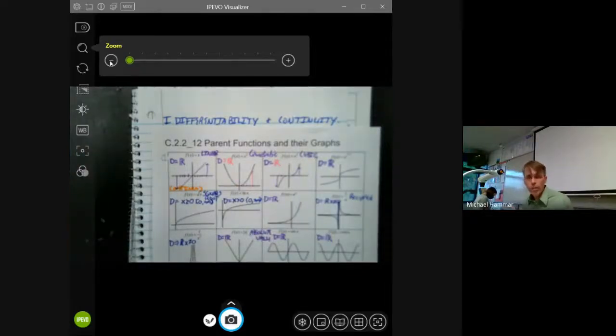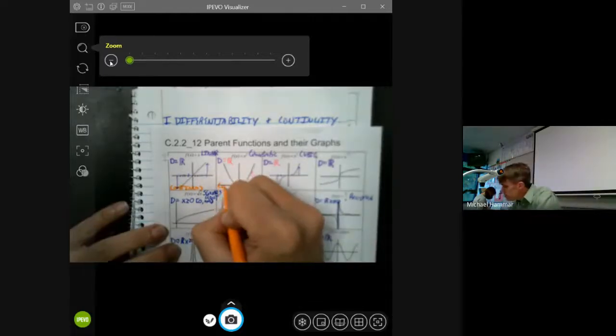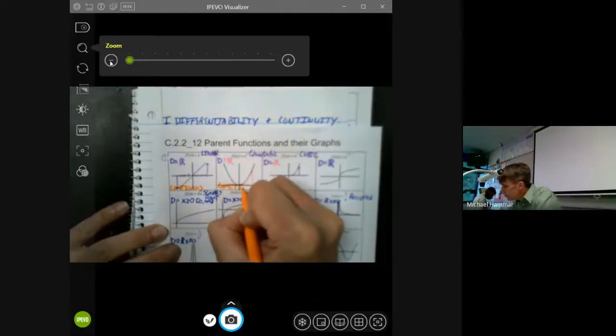What would you say about the quadratic? Well, its domain is all reals. So looking at all reals, is there any spot where the quadratic function has a gap, a hole of some sort, a jump, or a vertical asymptote? Nope. So this is continuous as well.